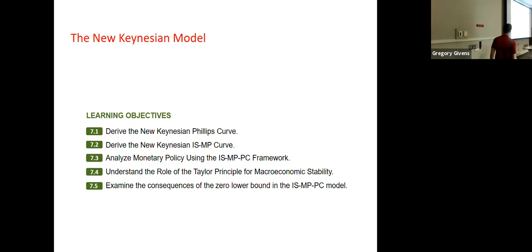Really quickly, the last couple things I want to do. We want to understand the role of the Taylor principle for macro stability. This is different than the Taylor rule. Now, it turns out that the Taylor rule satisfies the Taylor principle, which is a principle named after the same economist. But we want to talk about exactly what that principle is and why it is vital for these classes of models to satisfy the Taylor principle.